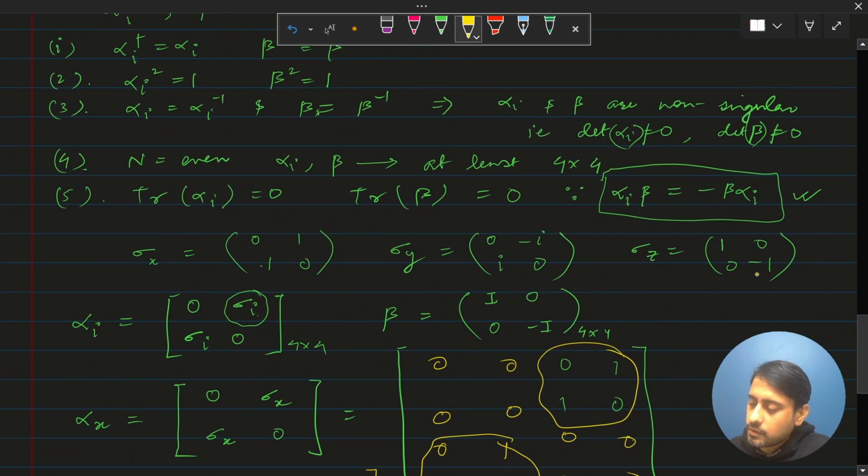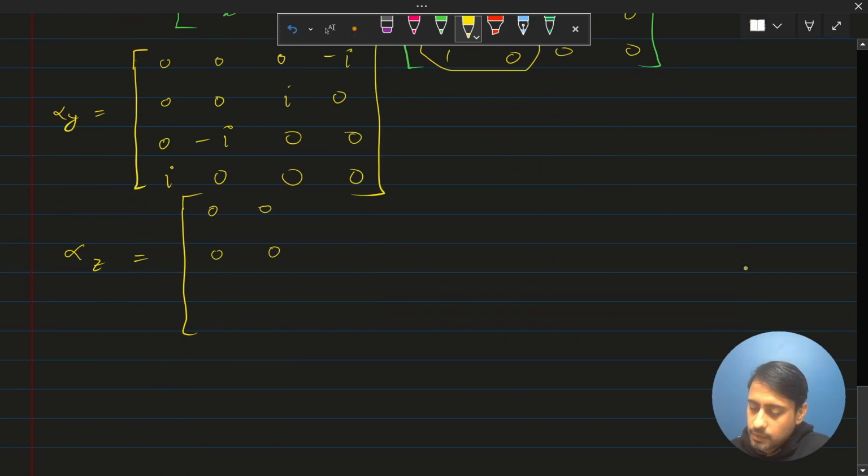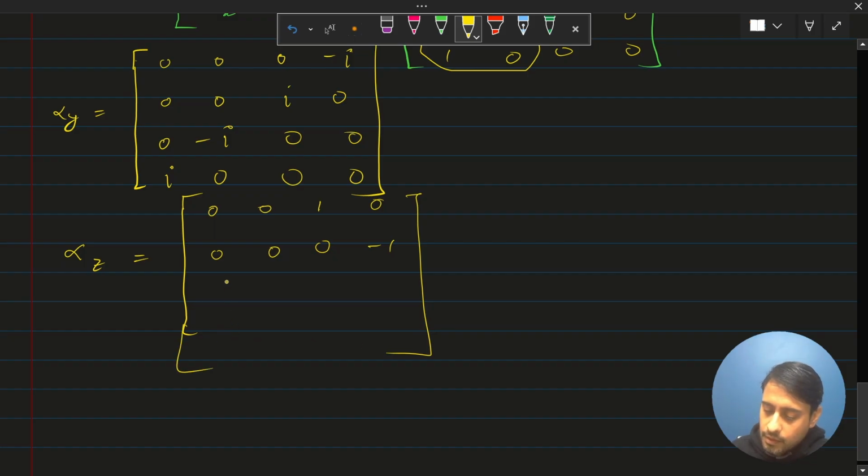Okay, 1 minus 1. So first we have to write 1, then minus 1, and then 0 0. And then here also we have to write 1 0 0 minus 1 0 0 0 0. So we have written alpha x, alpha y, and alpha z.